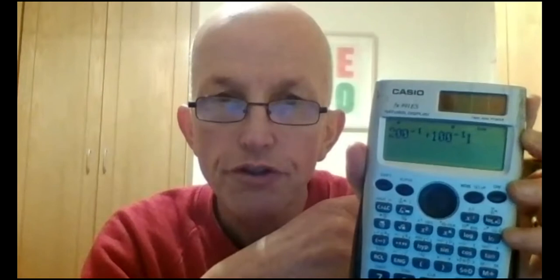So that's 200 to the power -1 plus 100 to the power -1, 1 over 200 plus 1 over 100, equals. It's coming up as a fraction, so I get it as a decimal. It's given me 0.015.